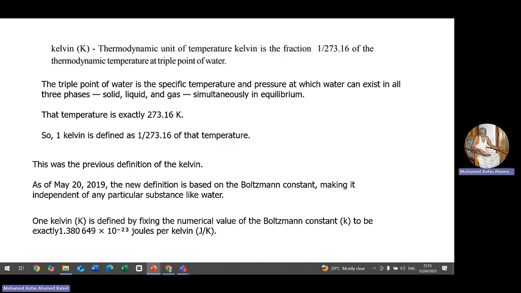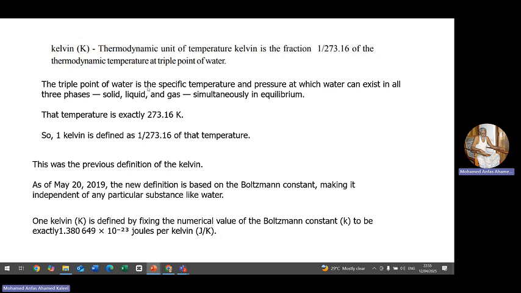But from May 2019, the new definition is based on the Boltzmann constant, making it independent of any particular substance like water. Kelvin is defined by fixing the numerical value of the Boltzmann constant to be exactly 1.380649 into 10 to the power minus 23 joules per Kelvin. We will see later what the Boltzmann constant is.